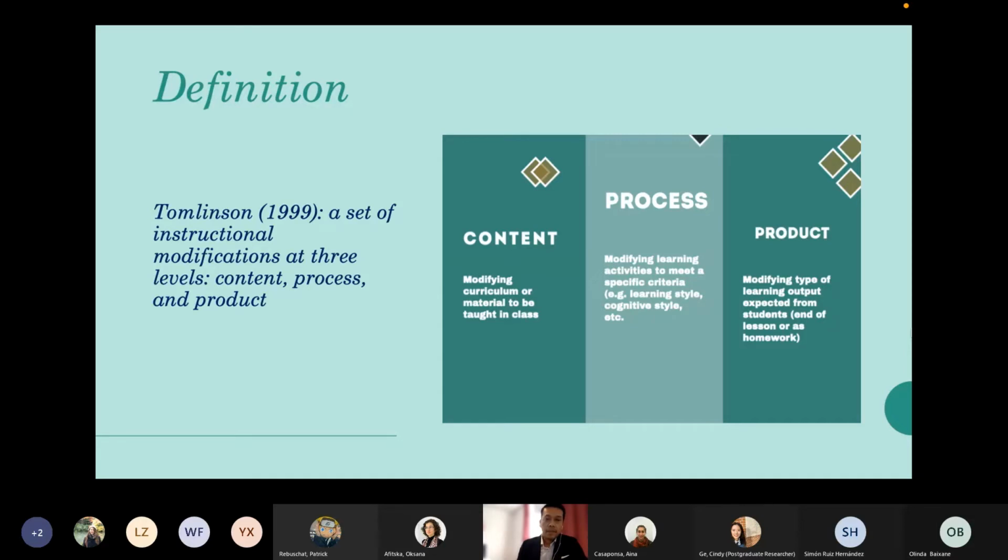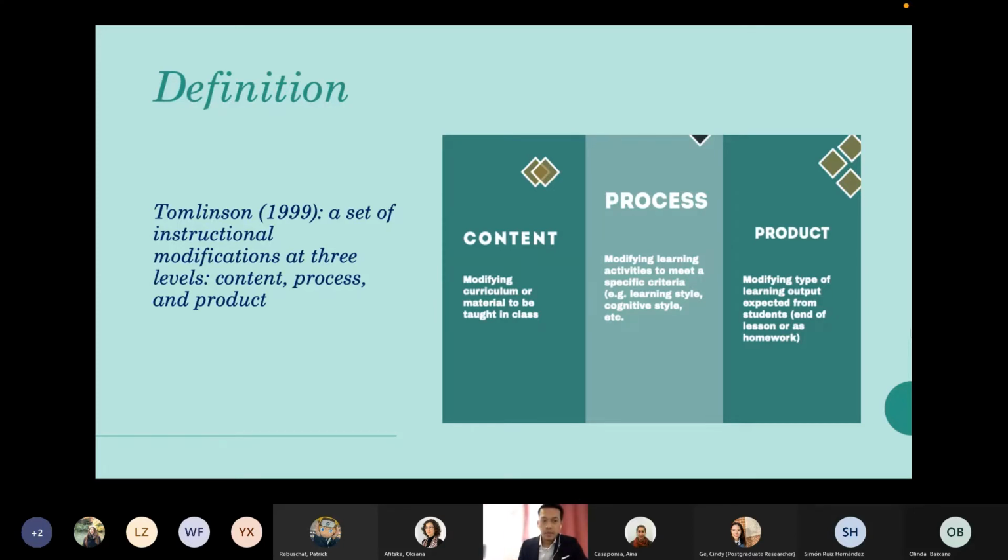And Tomlinson defines DI as a set of instructional modifications at 3 levels: content, process, and product. Differentiation of content involves modifying the curriculum or material to be taught in class.